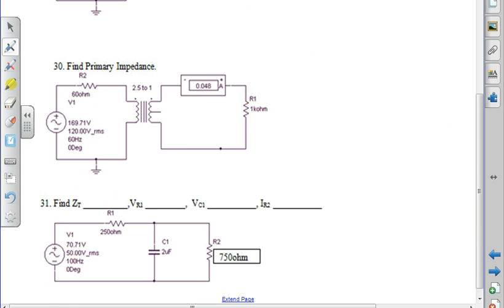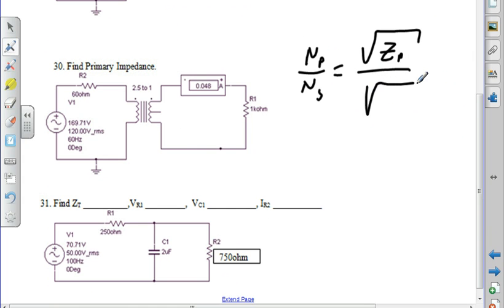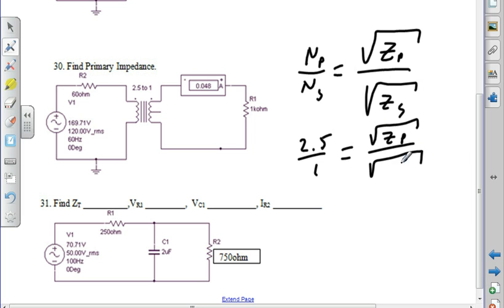Find the impedance. Okay, so turns primary divided by turns secondary is the square root of impedance primary divided by the square root of impedance secondary. 2.5 to 1 is the square root of the impedance primary divided by the square root of 1,000.